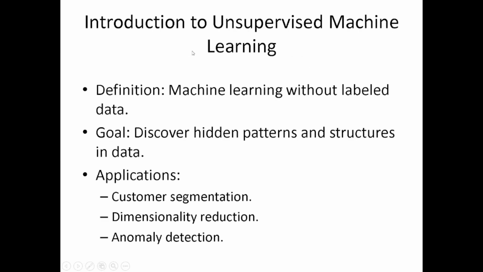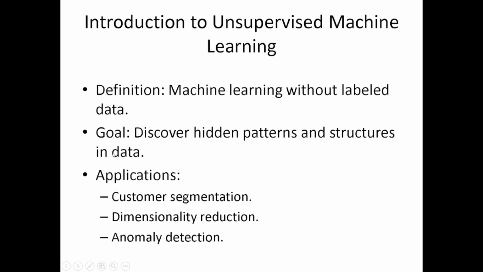Firstly, we will start by introducing you to unsupervised machine learning. Unsupervised machine learning is a fascinating field because it operates without labeled data. So its definition is machine learning without labeled data. Its primary goal is to discover hidden patterns and structures within datasets.